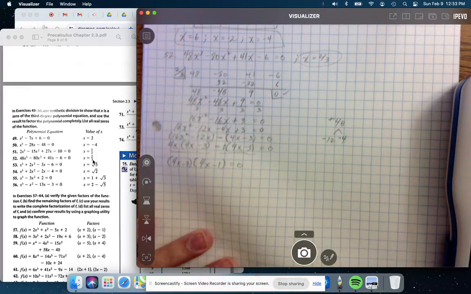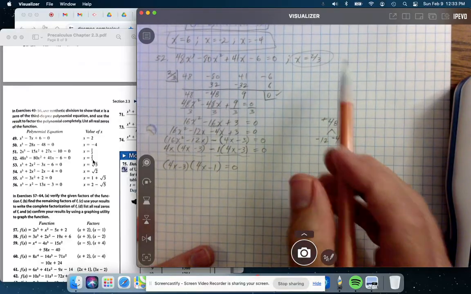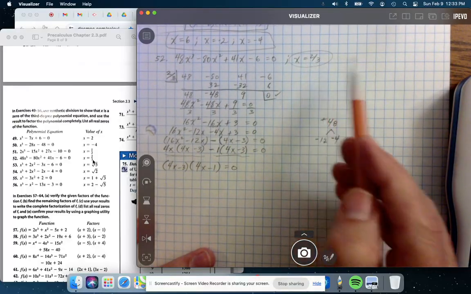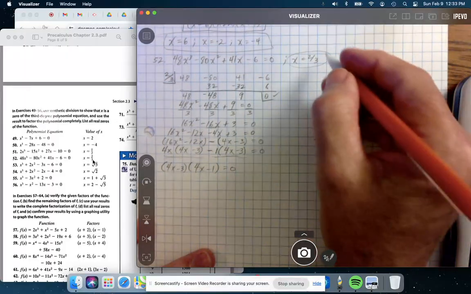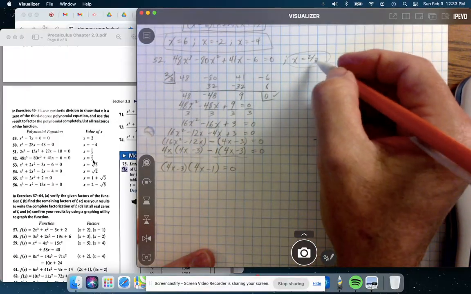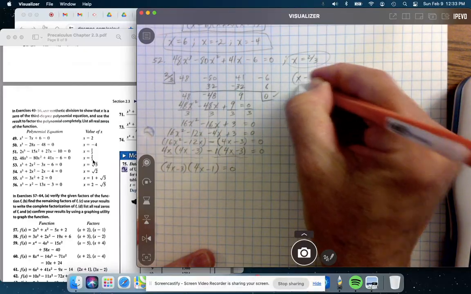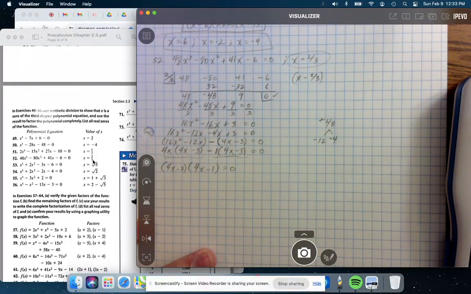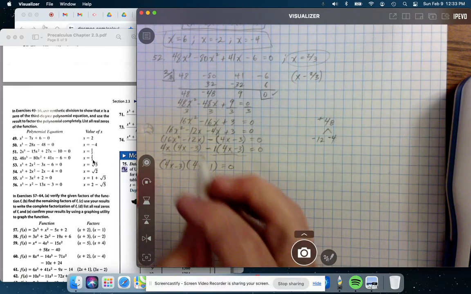Okay, so now I've got all the factors, right? Since x equals 2/3 is a 0, that means x minus 2/3 is one of the factors. So I can put that down here with that. But we're supposed to find all the zeros anyway, so we need to set each of these equal to 0 to do that.